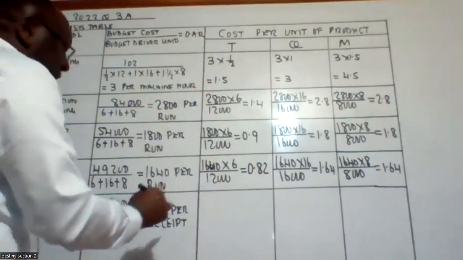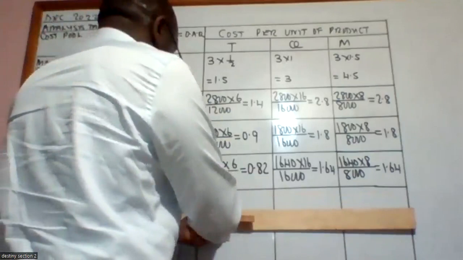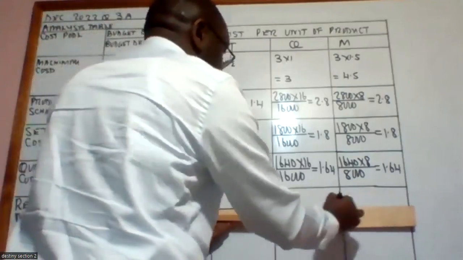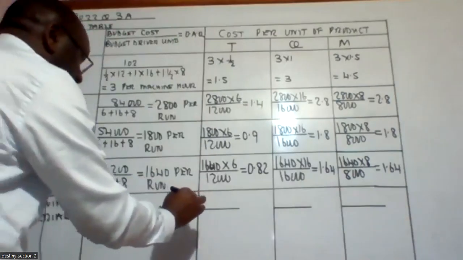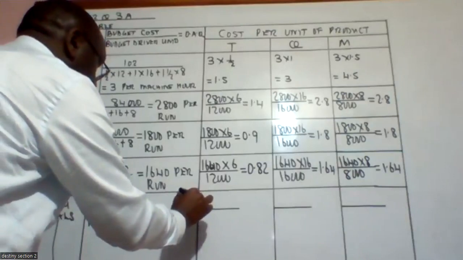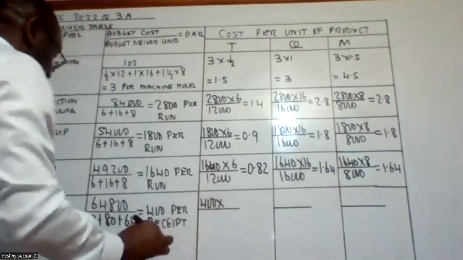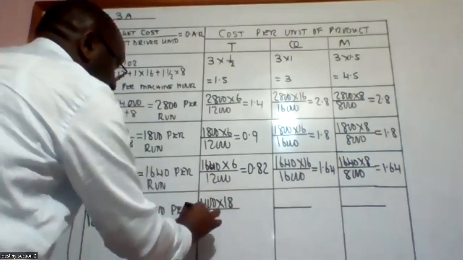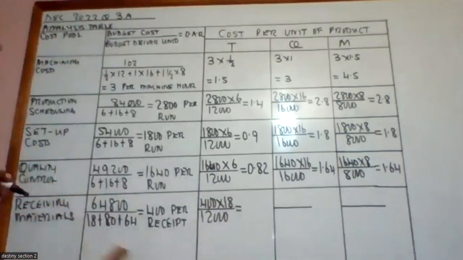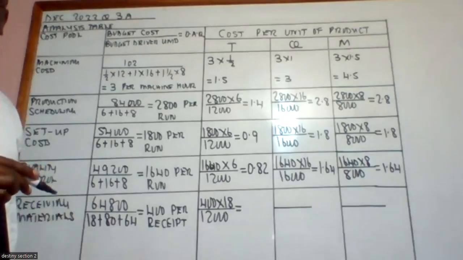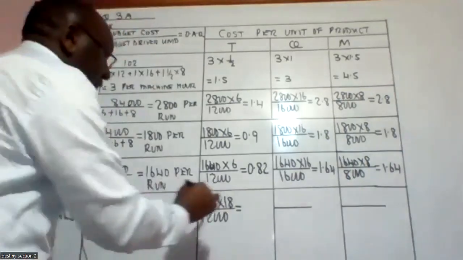So per unit, it is 400 times 18. You divide by 12,000. That is $0.6.